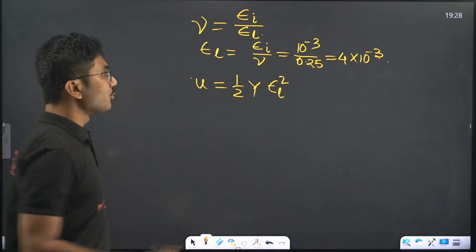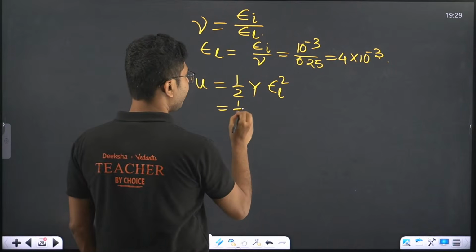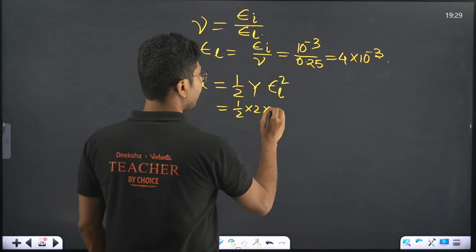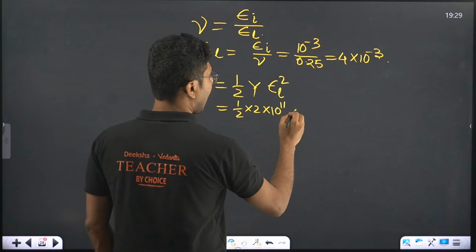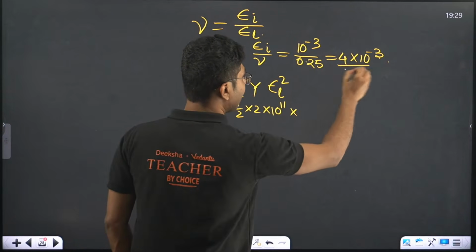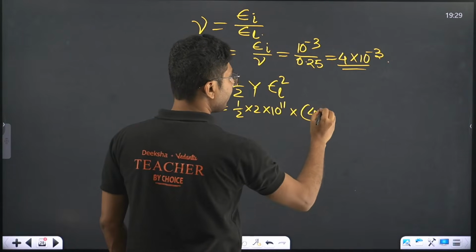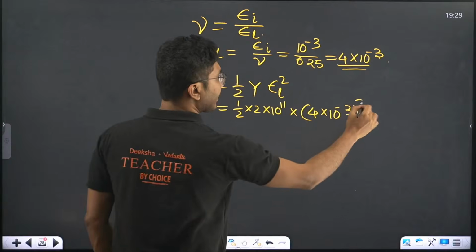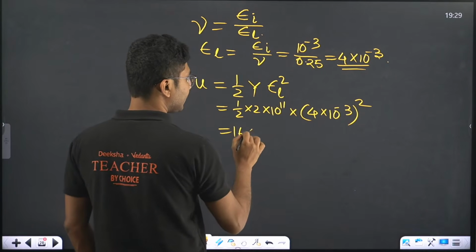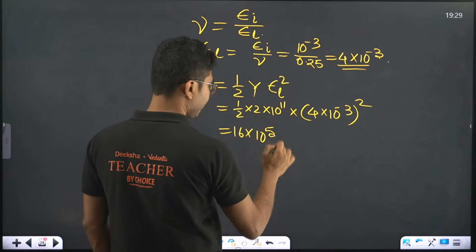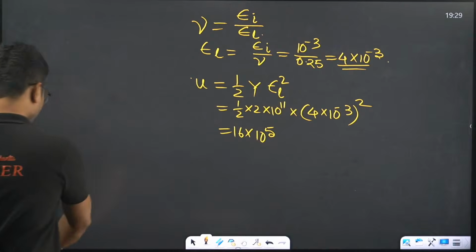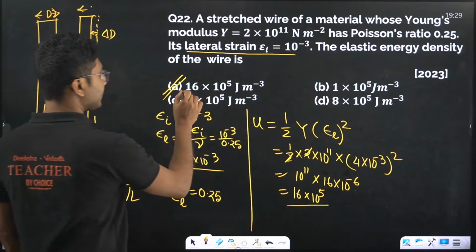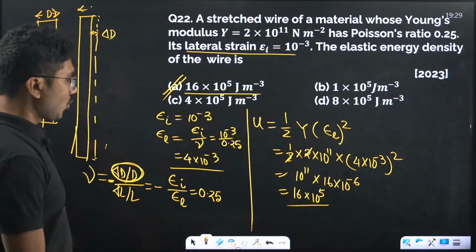So now put the values over here, half into 2 into 10 to the power of 11 and epsilon L we have calculated from the problem, which is 4 into 10 to the power of minus 3. So square of that, if you cancel everything, you will get 16 into 10 to the power of 5. So correct answer is this one.